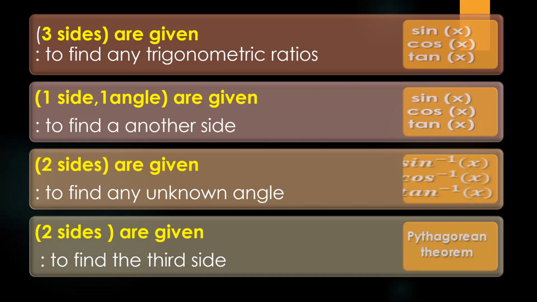If I give you 2 sides, and I'm asking you to find the unknown angle, you will use sine inverse, cosine inverse, and tan inverse. And if I give you 2 sides, and I'm asking you to find the third side, you will use the Pythagorean theorem.